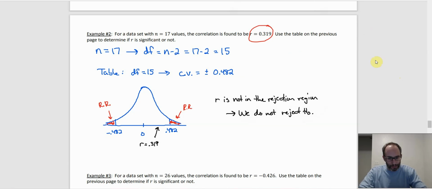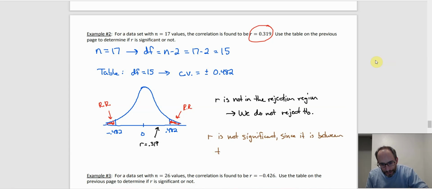But then to make it look like an answer that would show up in the homework, it would be something like that R is not significant since it is between the positive and negative critical values.